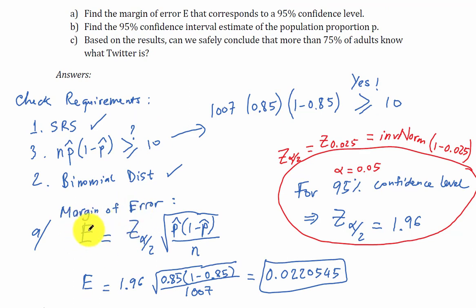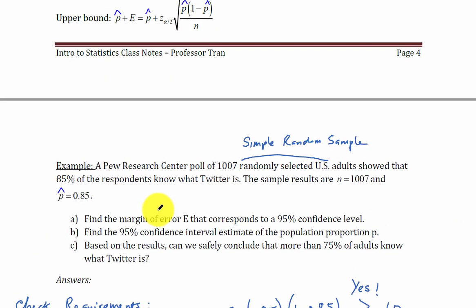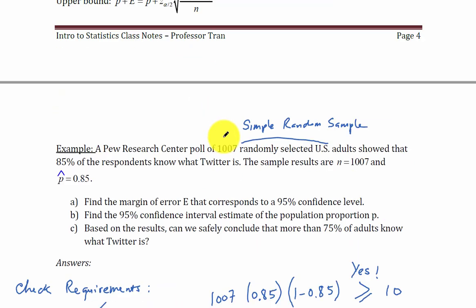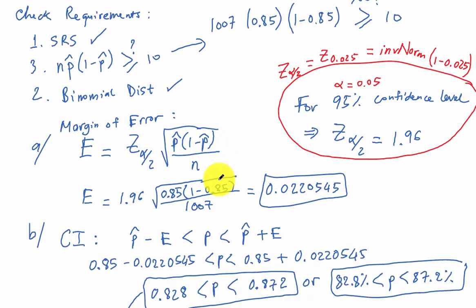The margin of error is given as E, the big E, equals z alpha over 2, the critical value, multiplied by the square root of p hat times 1 minus p hat over n. This is the formula we saw here. And we can see that z alpha over 2 for 95% confidence level was 1.96 in the last example.